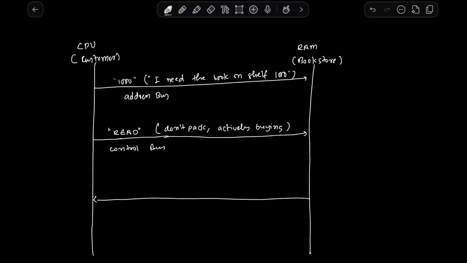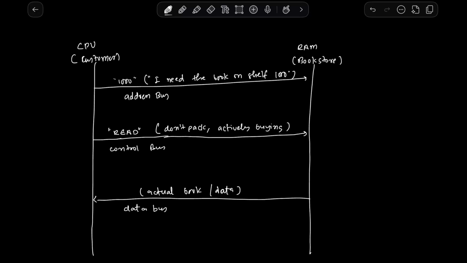What it will do is place the actual book or data. In the literal sense, it's more like the bookstore owner is giving the book to you. But in computer terms, that is done via the data bus.